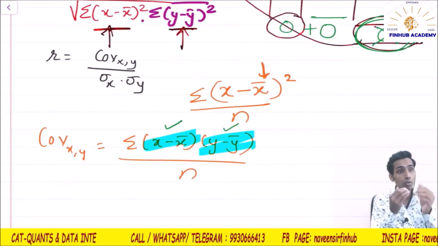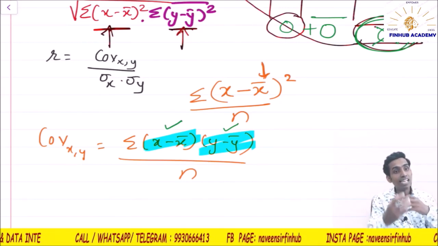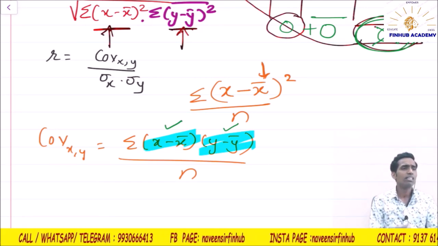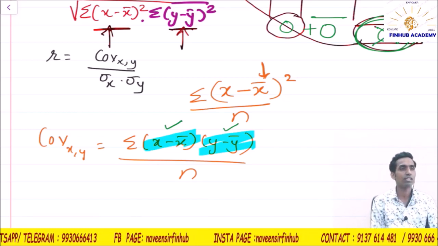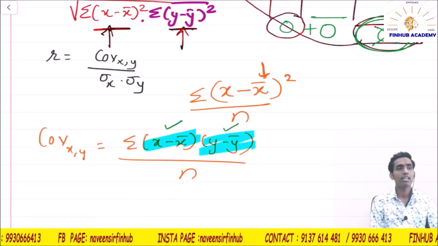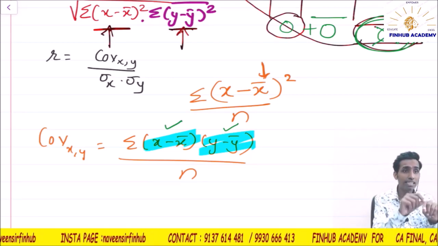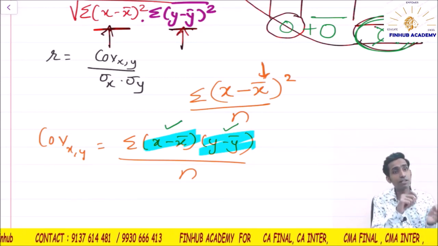Covariance means co-movement. R showed us how strong the relationship is, right? Covariance just gives us the direction. By looking at the numerator, what do you think, will the answer be in percentage or percentage square?